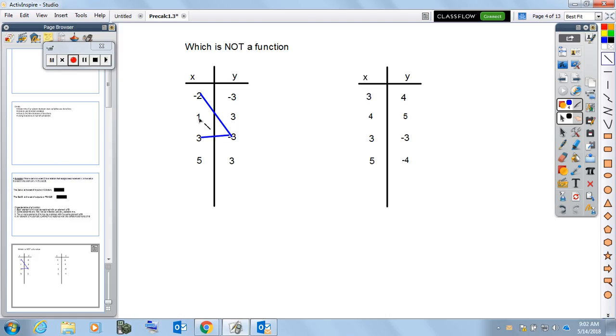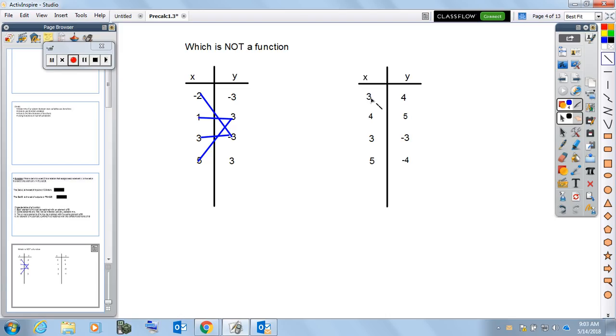Likewise here, you may see something like this, and again that's fine. This still resembles a function because every single x element only goes to one of our y elements.